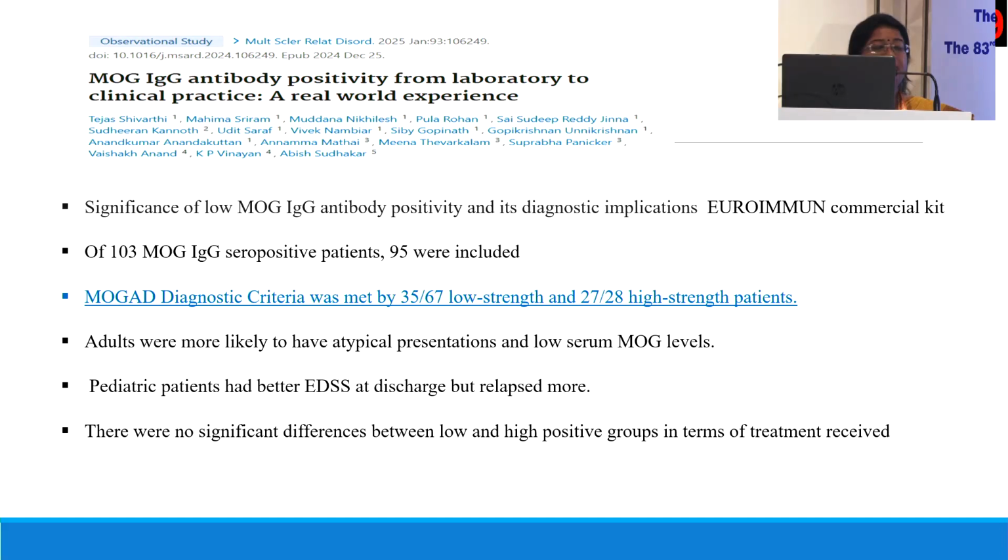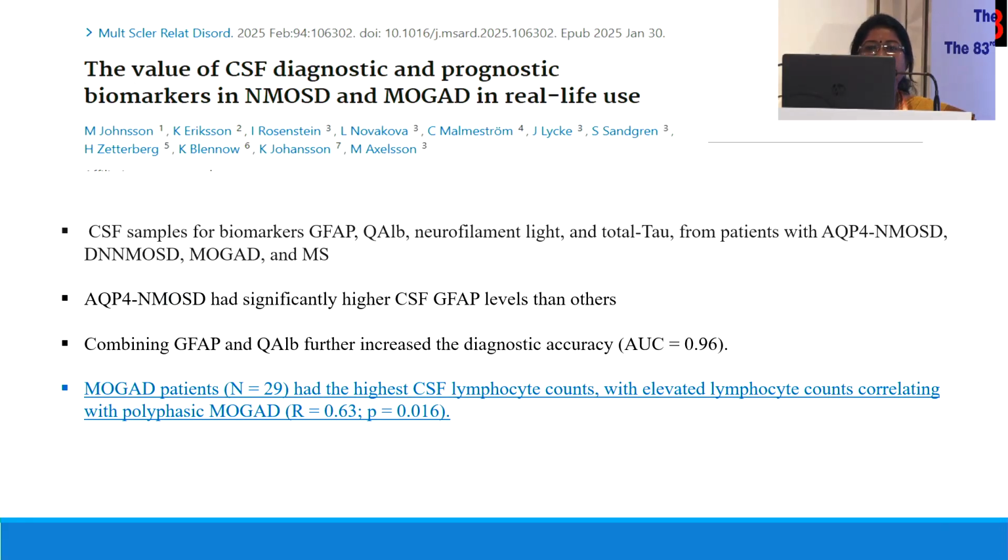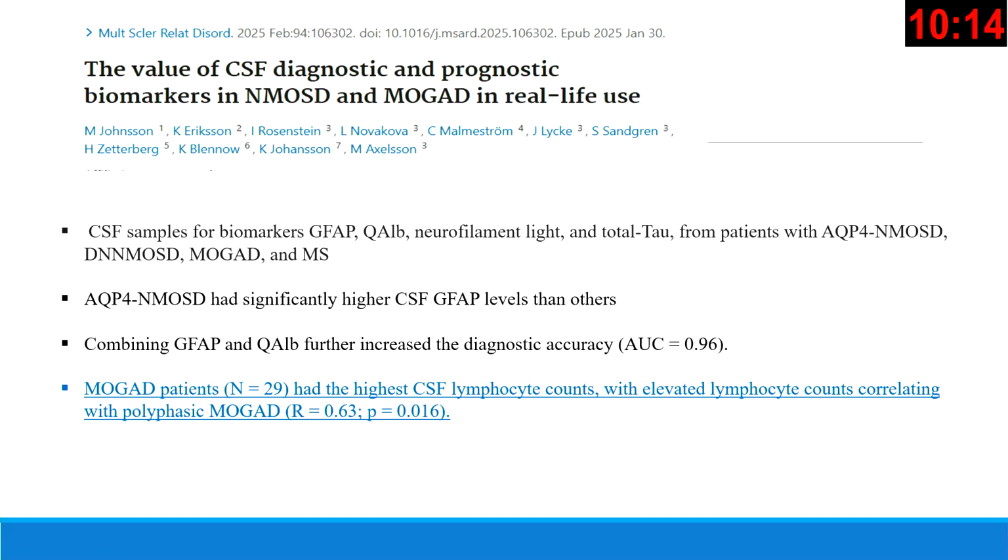And they showed that the MOGAD criteria was met only by 35% of the 35 patients among the low-strength positives in this group, whereas if there are high-strength positives, most of them had the MOGAD diagnostic criteria to be positive.